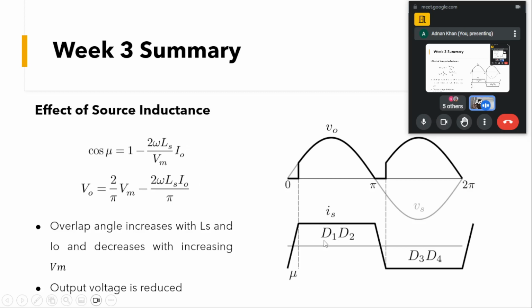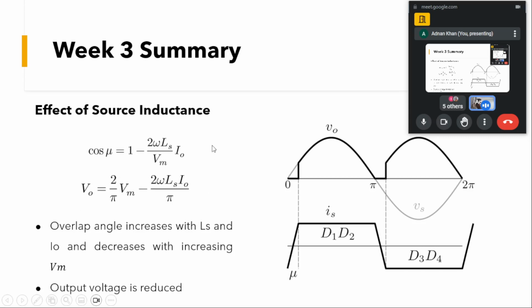Also, if the output or load current is higher, it means the current has to transfer from one higher level to another higher level. So it will take some more time, which in turn will increase this commutation period.